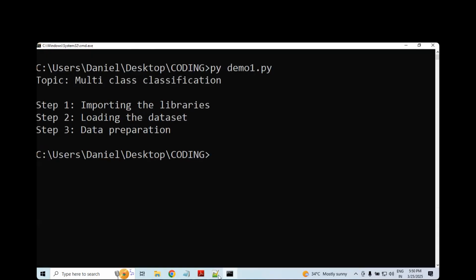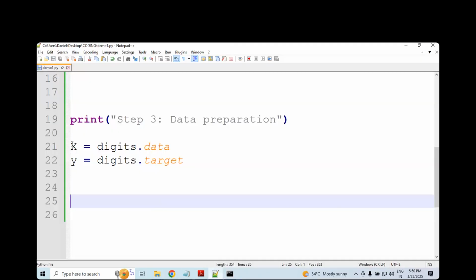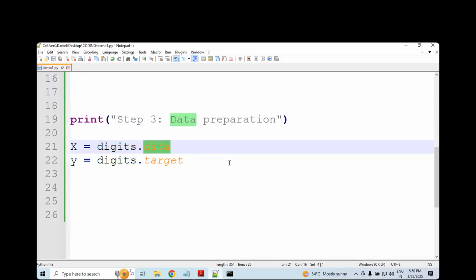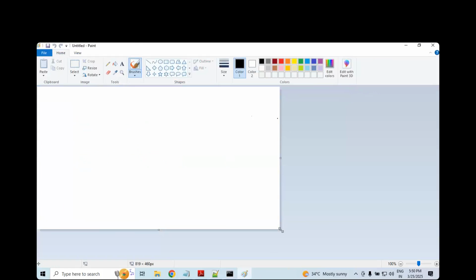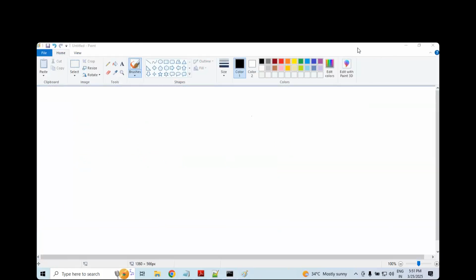Now let me tell you one small point here. I have a small question for you. Digits dot data, in the sense, what would you have? Think like image number 1. Image number 1 has the target variable 0. Image number 2 also has a target variable, 1.